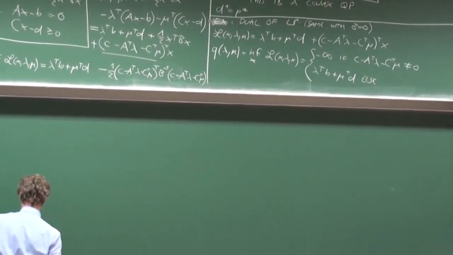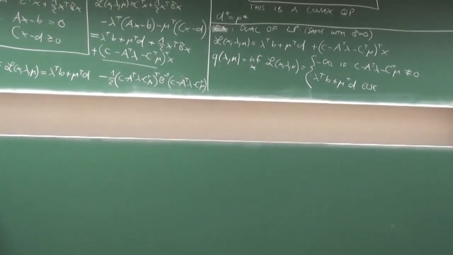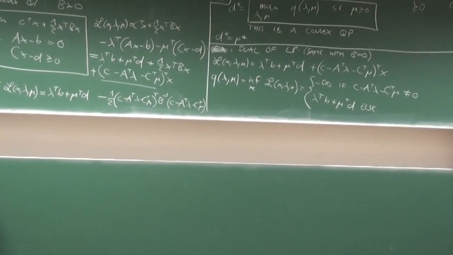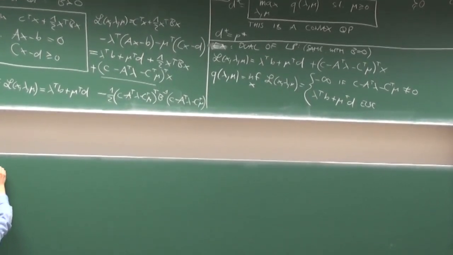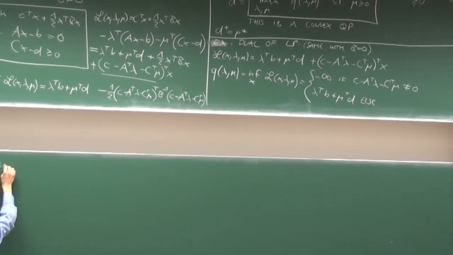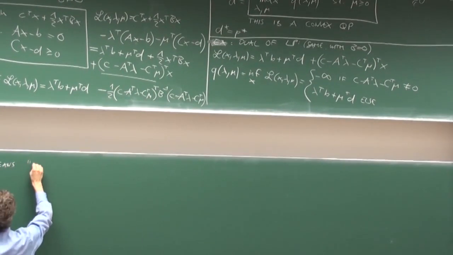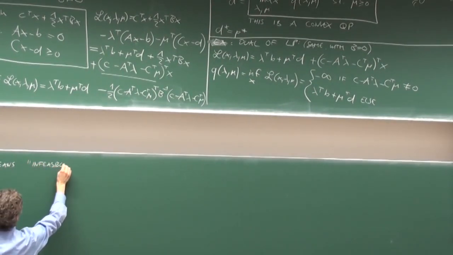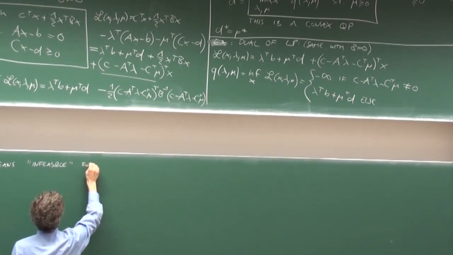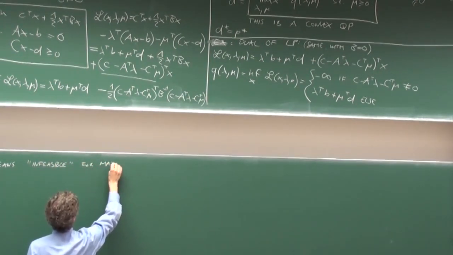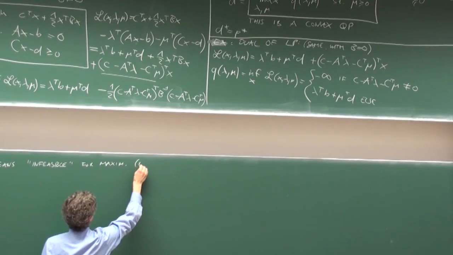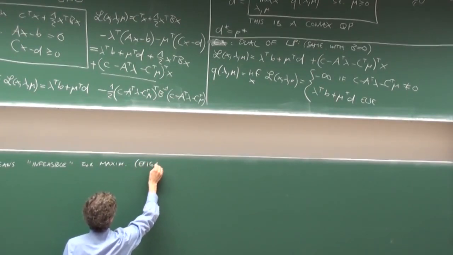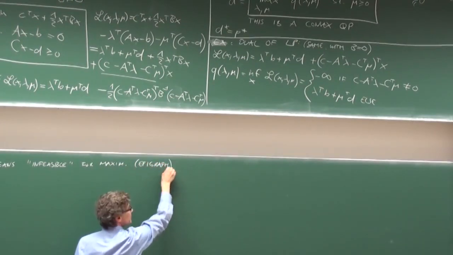So we can interpret minus infinity as infeasible for maximization. And this is all based on our epigraph formulation.